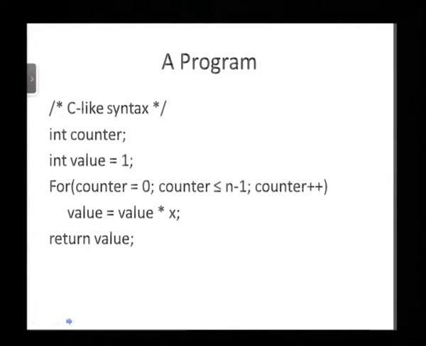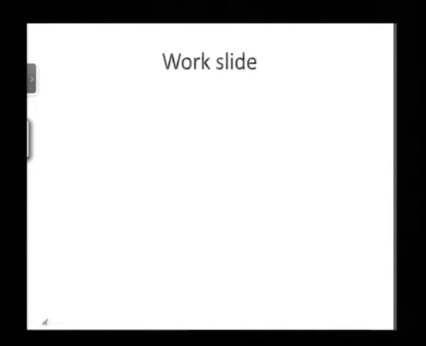Now, this is quite a simple program, right, and let us just run a small example. So, for example, let us say I want to evaluate 4 to the power of 3, right. So, this is done in 3 iterations.